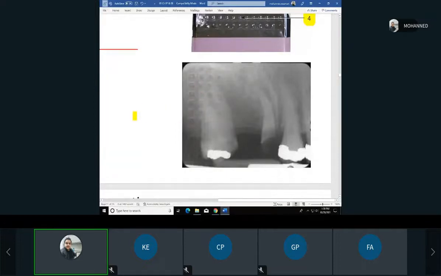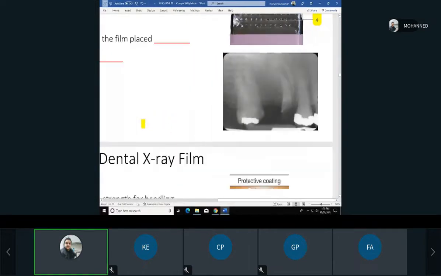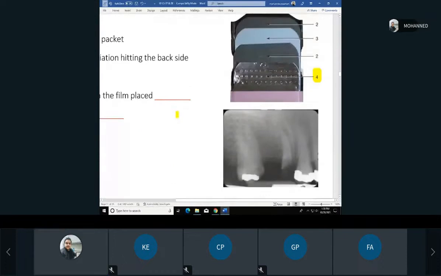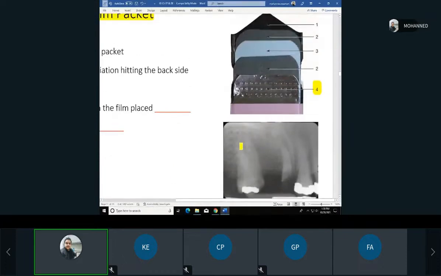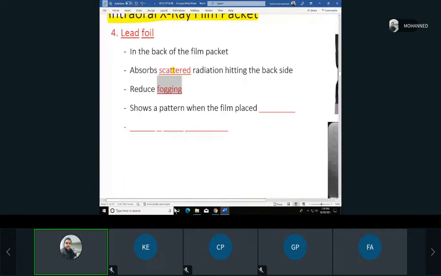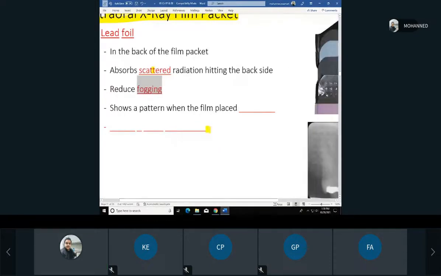And this is technically telling us that you placed your x-ray wrong. So this is an operator error. When we used to do that, if someone was in a hurry, they would place it wrong and then take an x-ray. It shows a pattern. What is this long word?